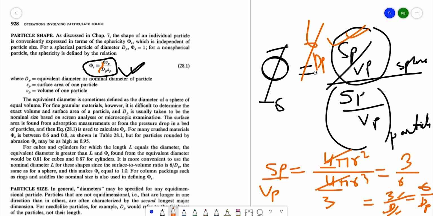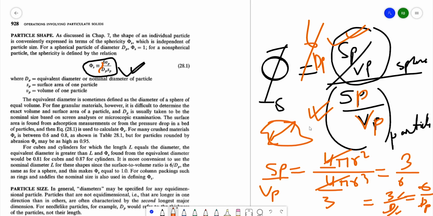What is dp? dp is the equivalent diameter for this irregular particle. That is the dp here. And now for the particle, let's say you know the surface area of that one particle and the volume of that particle by using some measurements. So you can calculate the sphericity.